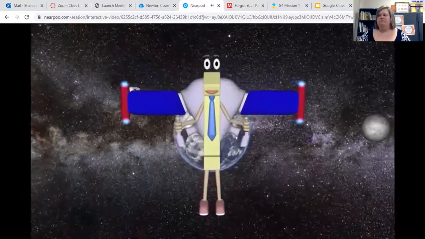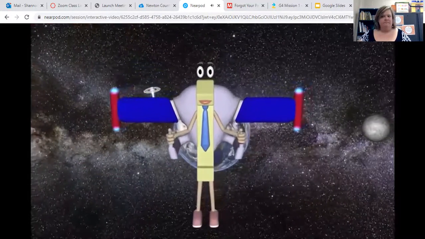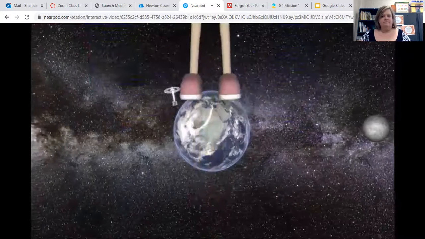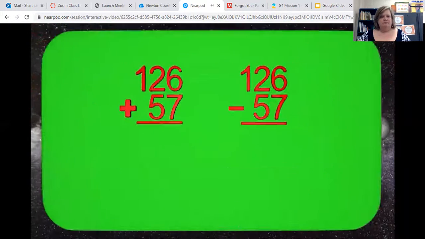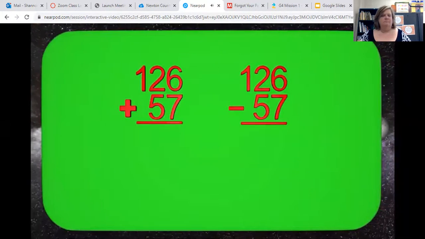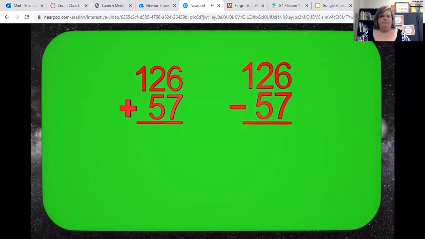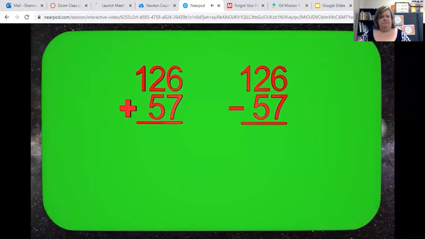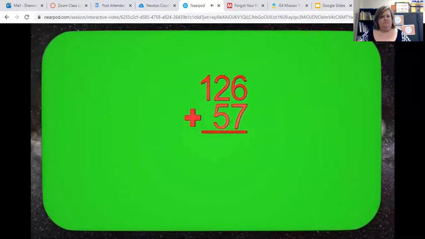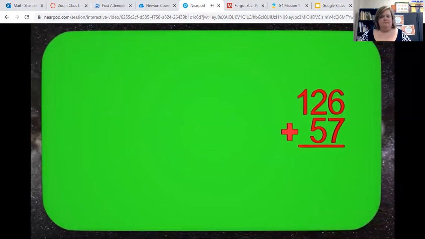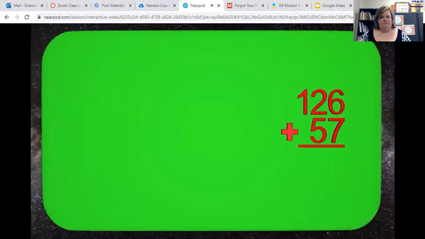Let me bring my board over and we can learn how to add and subtract large numbers. Here we have two problems. One is addition and the other is subtraction. Let's work on the addition problem first. Let's solve this problem using our base 10 blocks, okay?